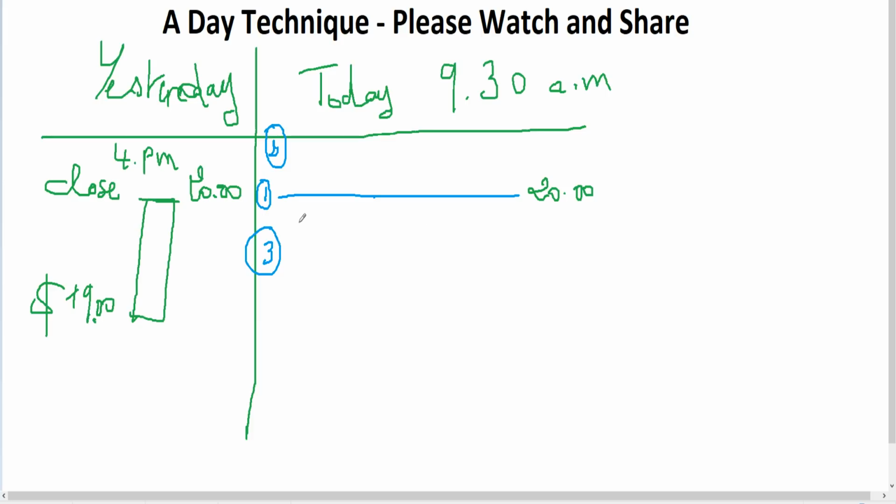Now sometimes when it opens in the morning, the stock is up, let's say 15 cents. Here we say the green, and here we have the red, let's say 19.75.